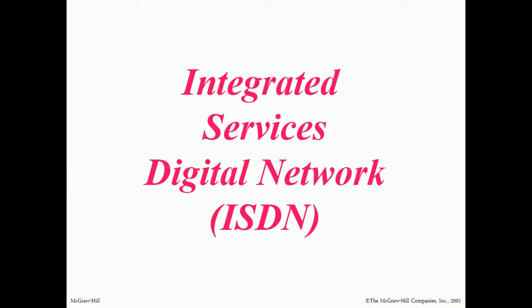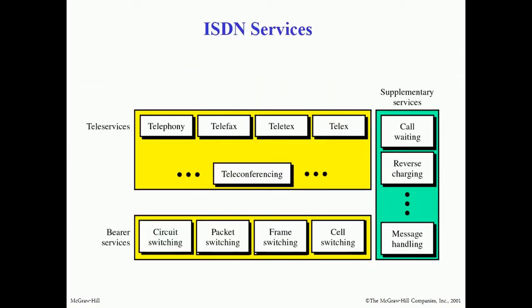So after this we can say that ISDN is a potential telecommunications standard that is capable of sending digitally encoded voice, data, video and other signals on the same existing line. So this is the ISDN.